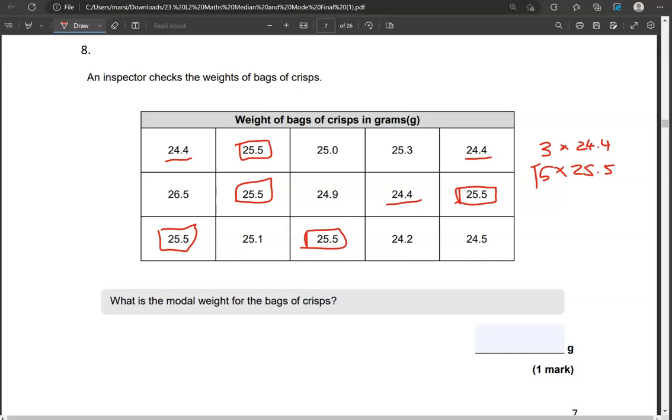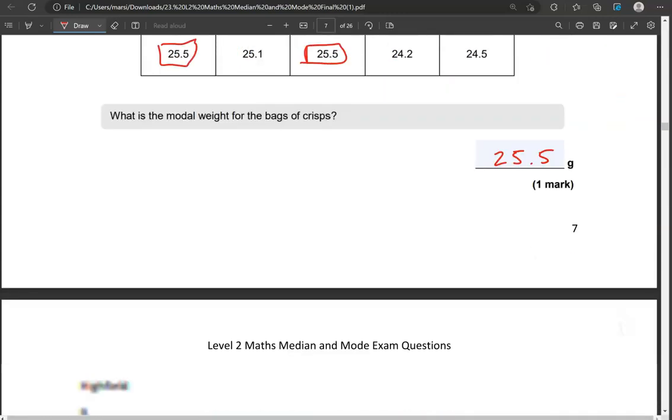So this is the mode, 25.5. It took us 5 times.